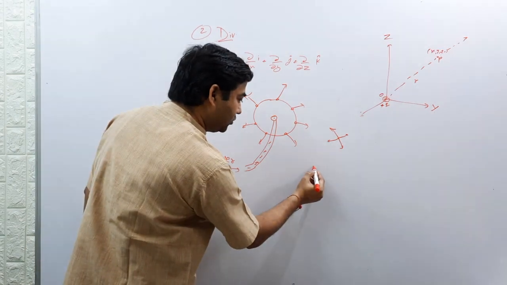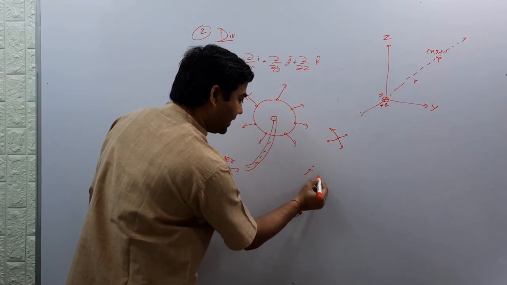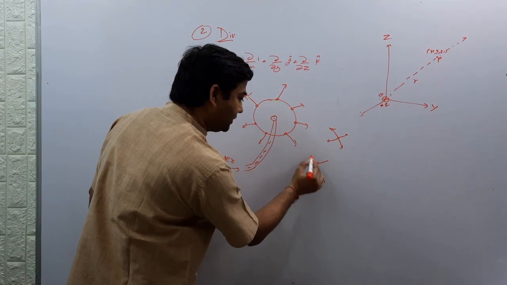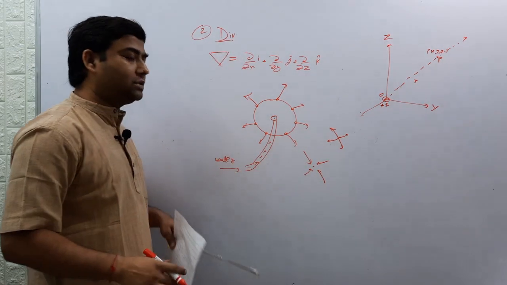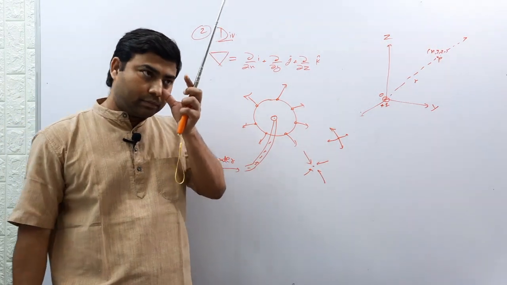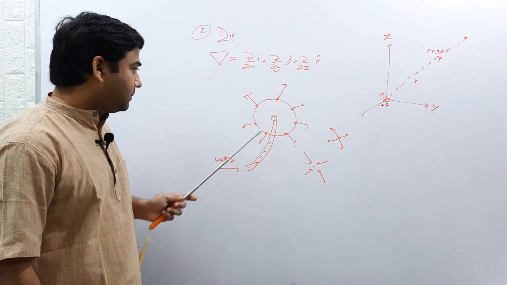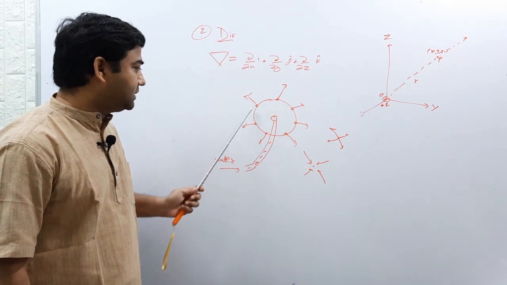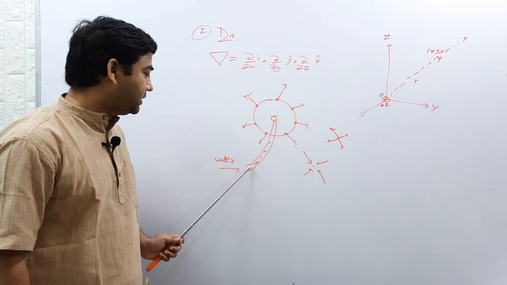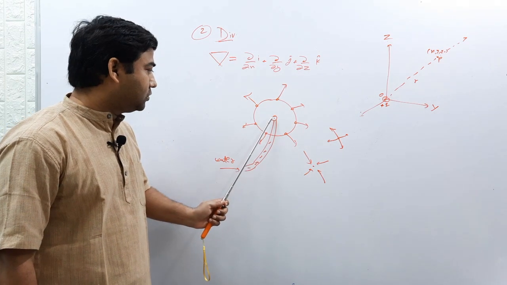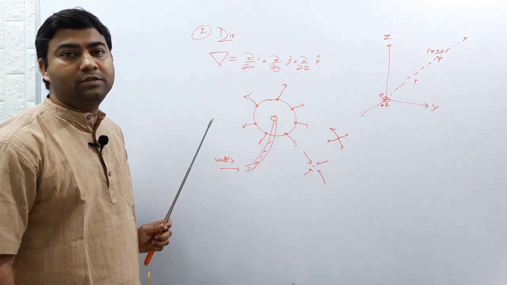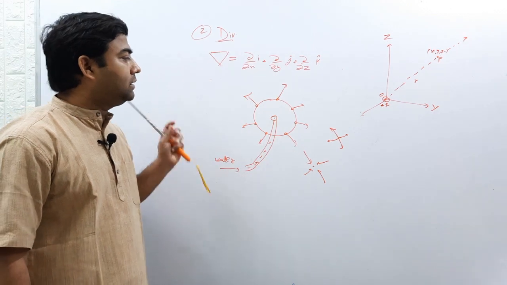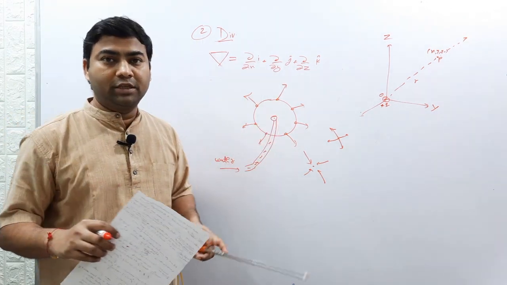And when at a particular point the vector field is converging to that point, then divergence is called negative. So in this sphere, water is coming from here, goes to the center, and comes out from the sphere.